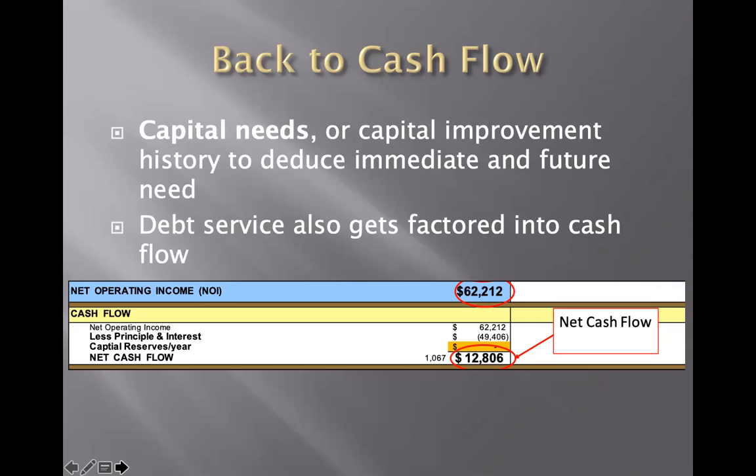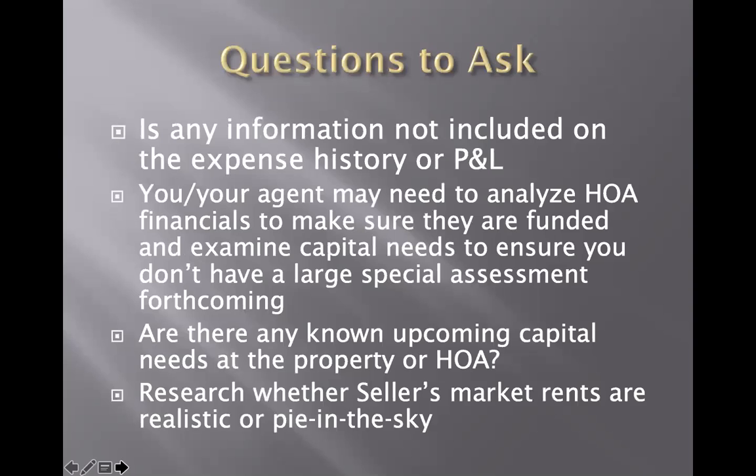And so you plug that in below the NOI and above the cash flow. Here you also factor in your annual costs of the loan, which would be your annual principal and interest cost. And that gives you your net cash flow by year, and sometimes I like to have it by month as well.